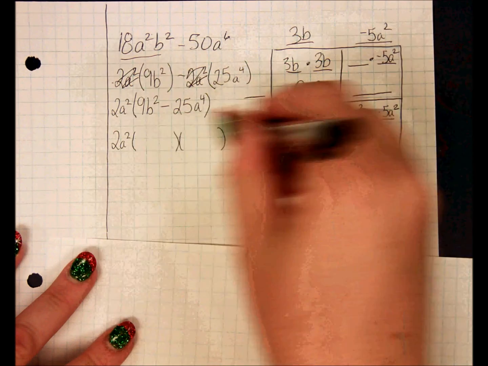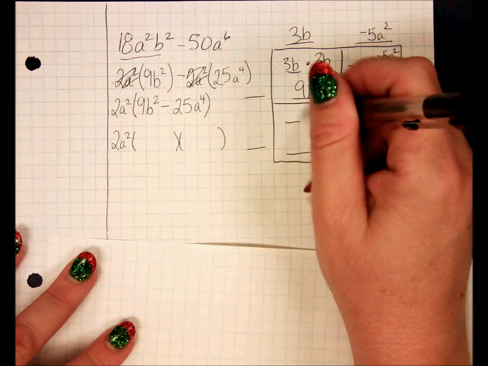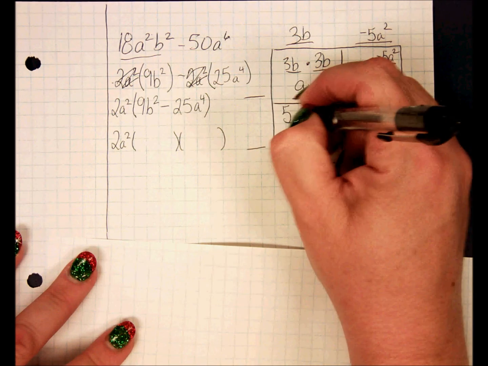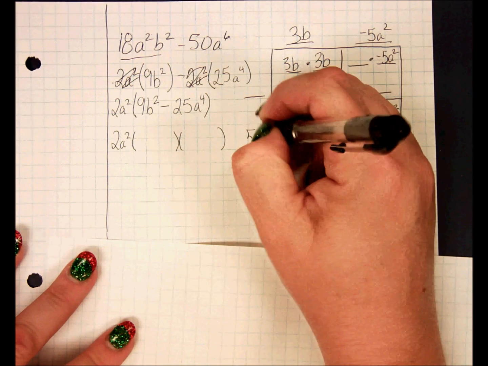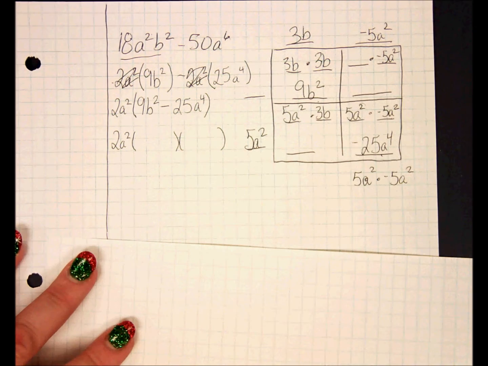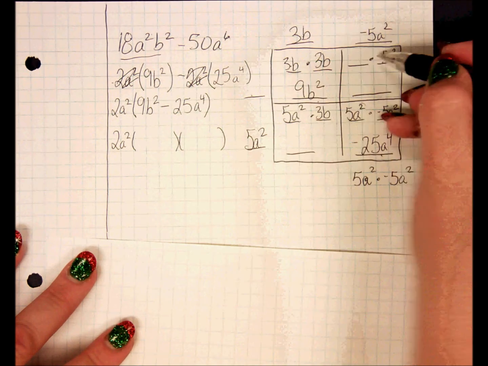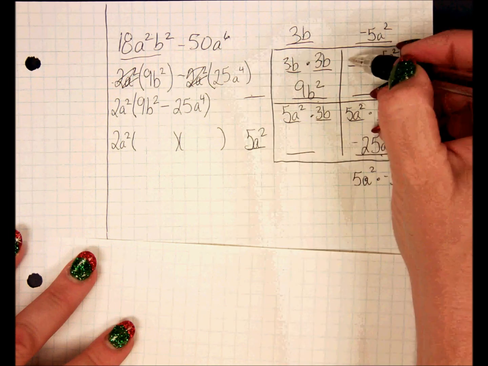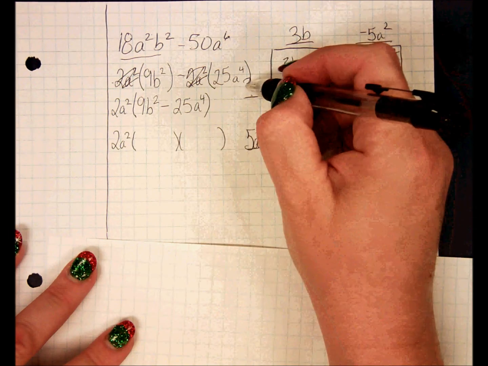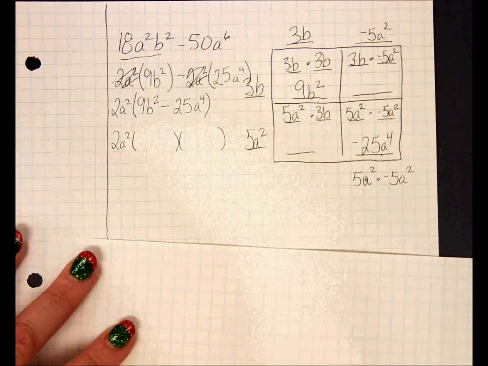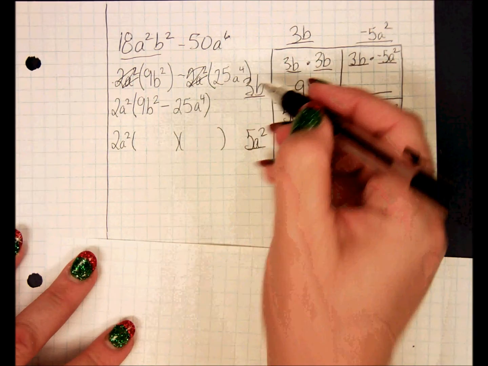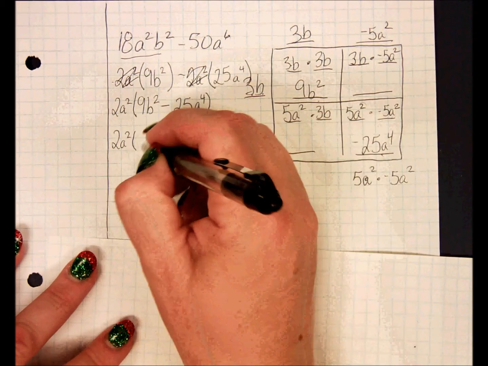If I go across here, this one and this one and this one all are common. So I'm just pulling it backwards from what I learned in chapter 5. When I multiplied in chapter 5, whatever was here went here and here. So since this is 3b, this has to be 3b. So that column is 3b. I know this one is 3b and a positive 5a squared.